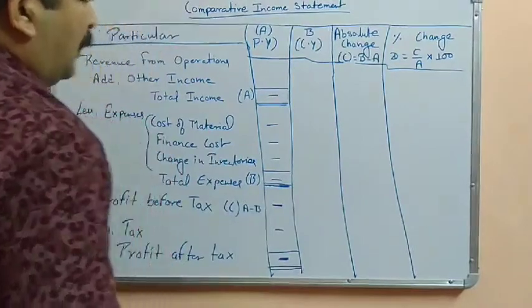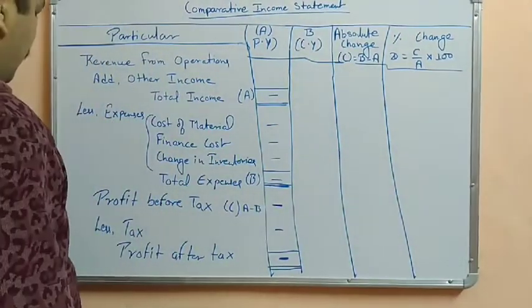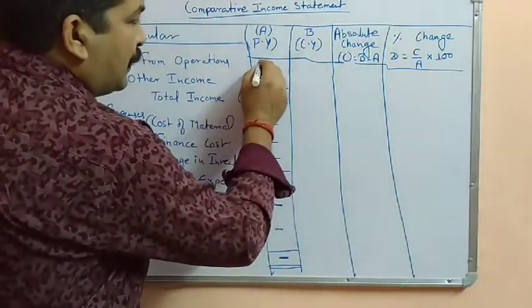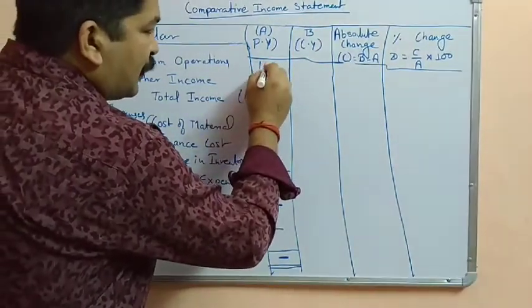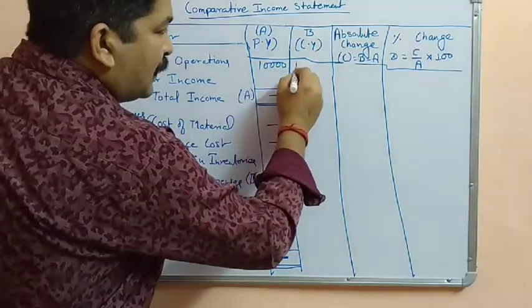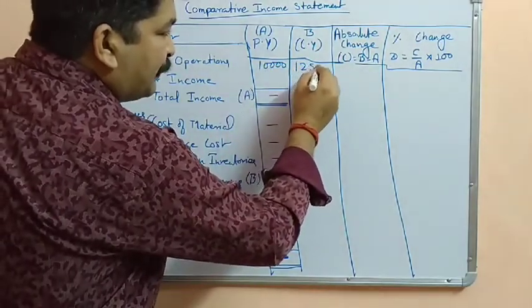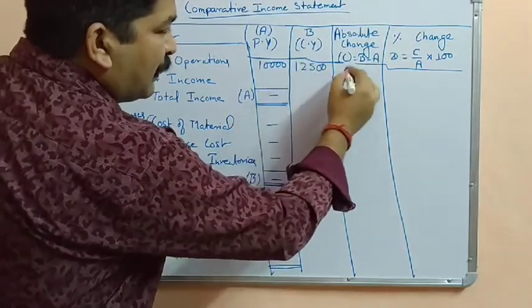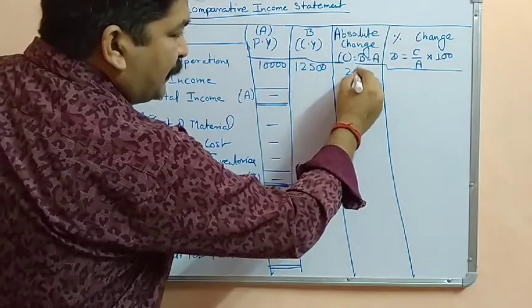This is the formula. For example, suppose the revenue from operation of previous year is 10,000 and current year is 12,500. What is the absolute change? From this we have to subtract this, we will get 2,500.